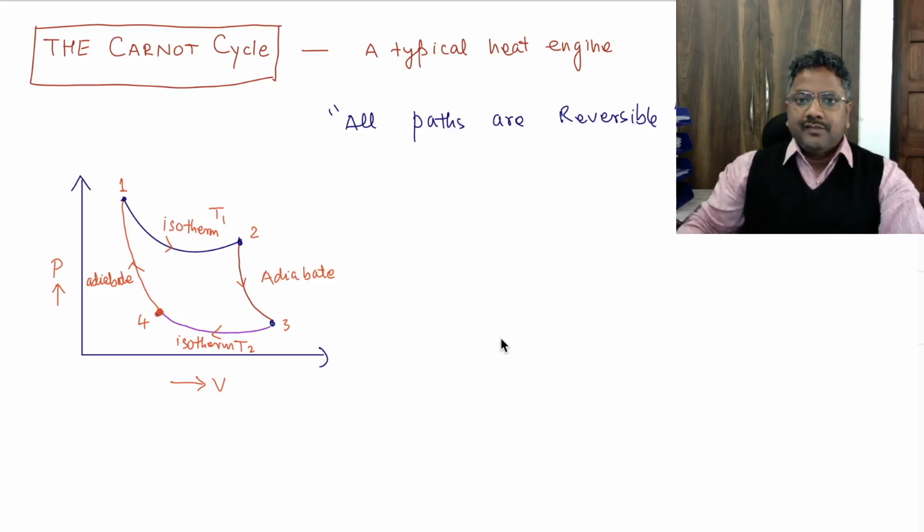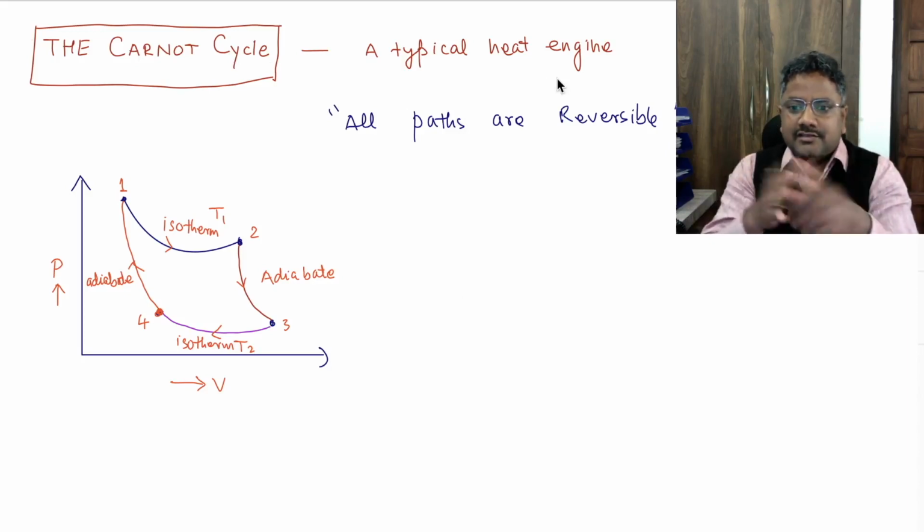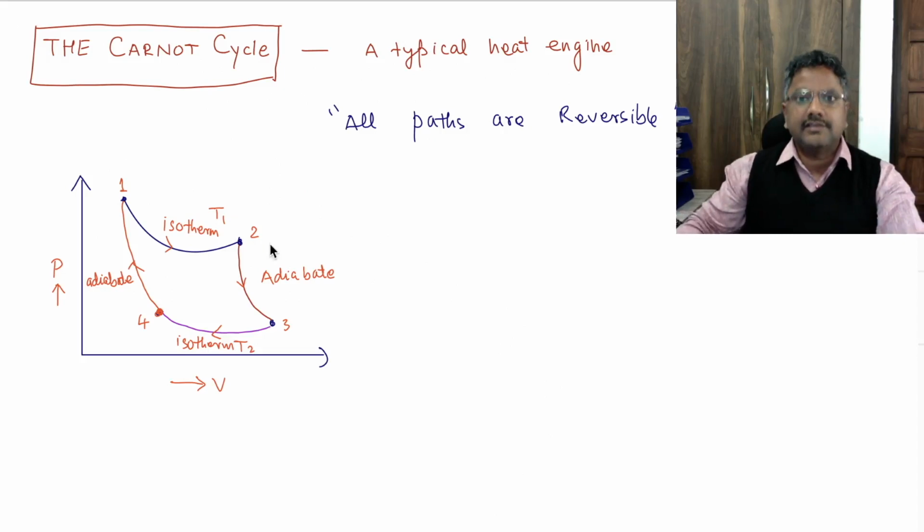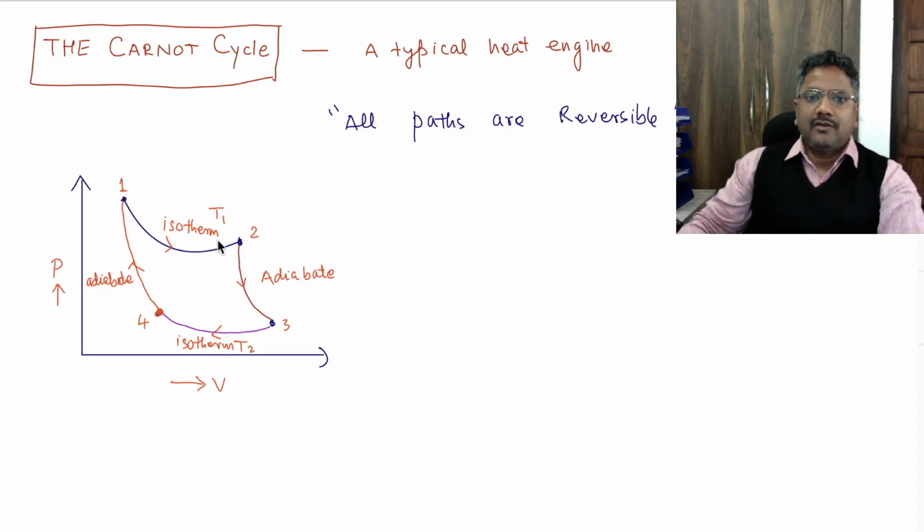Now see, the Carnot cycle, a typical heat engine. Typical heat engine means this engine exists on paper. You cannot prepare such an engine in real sense. So here all paths are reversible. This is a cyclic process. From 1 to 2, this is the isothermal expansion.